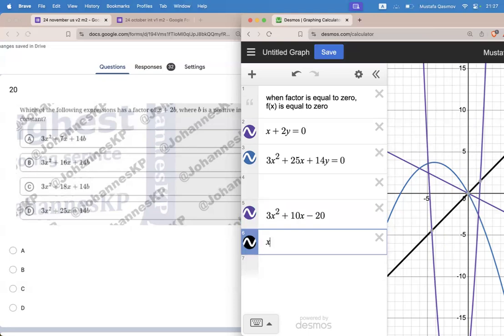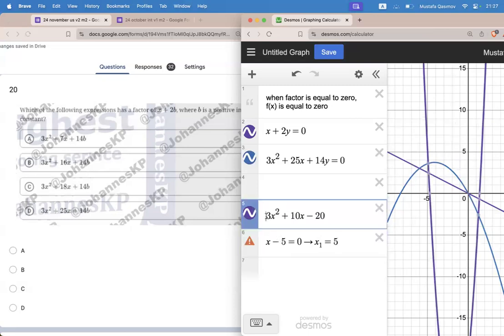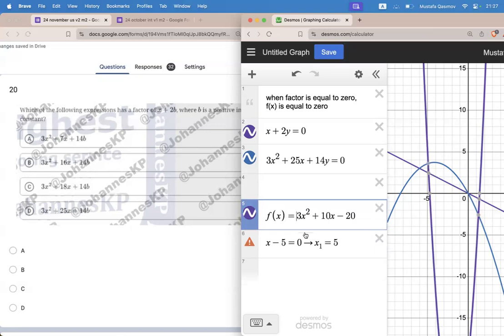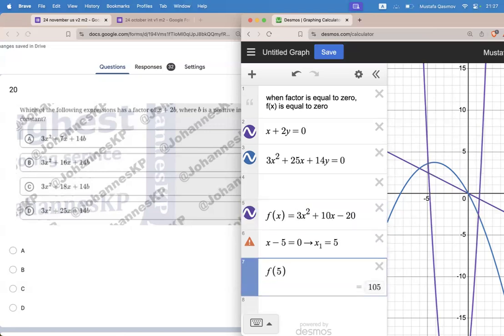It says x minus, for example, 5 is a factor of that one, we make it equal to 0. We got x is equal to 5. Then we write f of x. Then we write this 5 here. f of 5. Because we didn't get 0 here, it means that it isn't a factor.